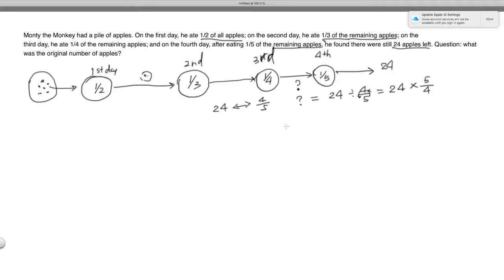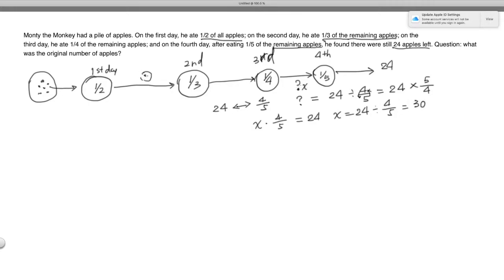A different way of saying it is by using algebra. Let's say this number is x, then x times 4/5, because eating 1/5 leaves 4/5, equals 24. So x equals 24 divided by 4/5, which equals 30.